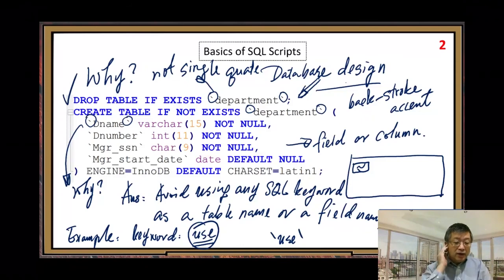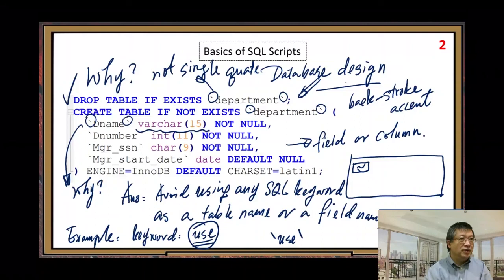Then another thing, let me explain the data types here. When you define a table, you need to specify data types for your fields. The first one is variable characters, VARCHAR. It is a string data type.